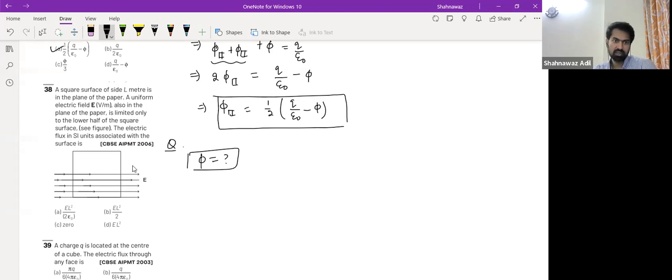So the total area is how much? This is L square. So half would be L square by 2. So E into A is E L square by 2, right? So you guys tell me what is the answer.